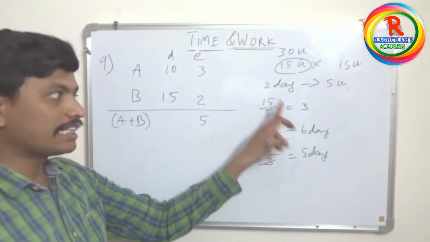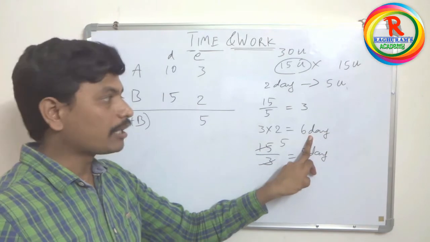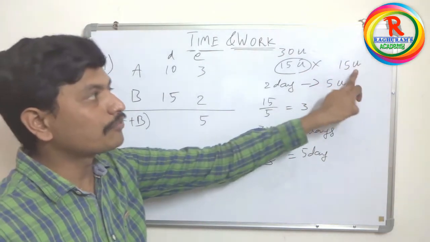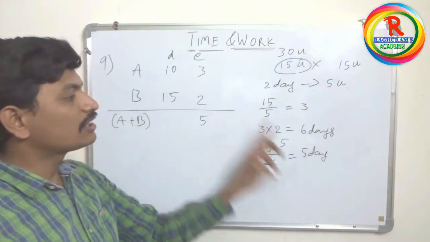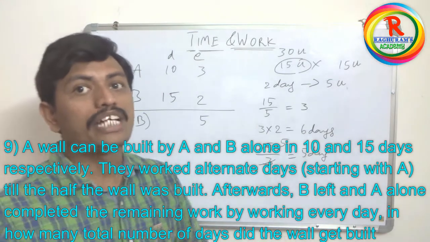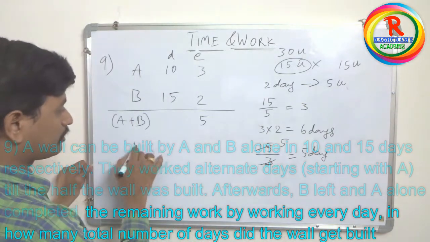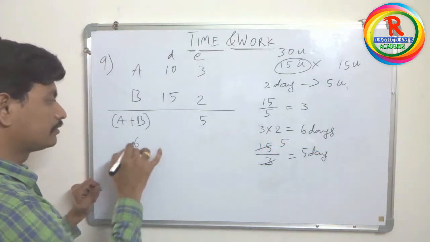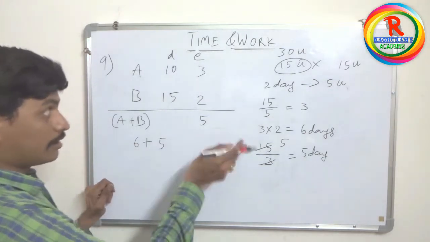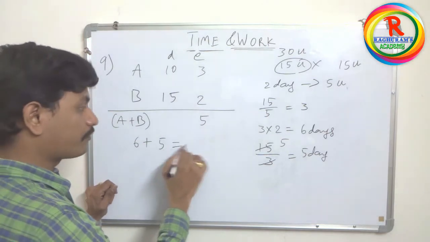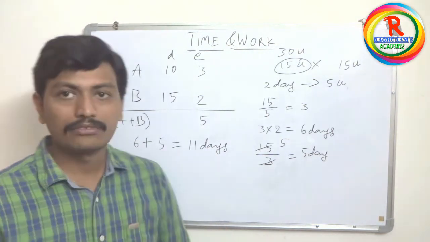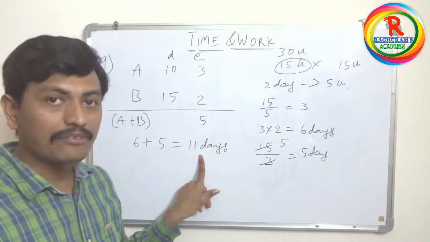So first on alternate days, half of the work was completed by A and B together in 6 days. Remaining half of the work, 15 units, A alone completes in 5 days. What is the question? In how many total number of days did the wall get built? Alternate days 6 days, and the remaining work A completes in 5 days. So total 11 days. The answer is 11 days.